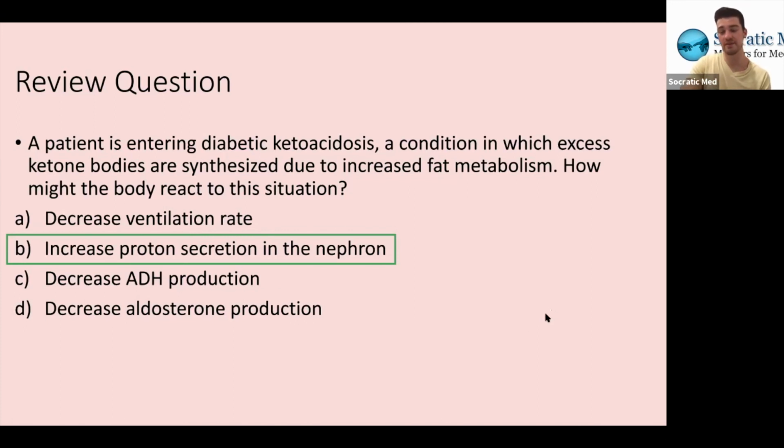CO2 itself is not acidic, but the way it breaks down, it combines with water and forms carbonic acid, so it is acidic. During hyperventilation, we're releasing CO2, so we're actually making our body more basic.